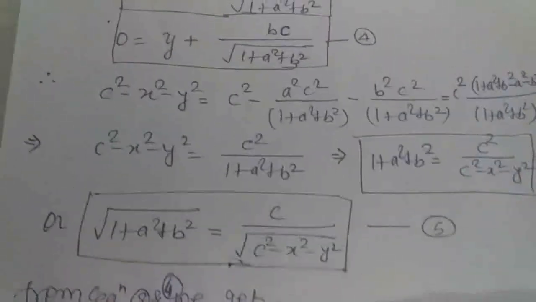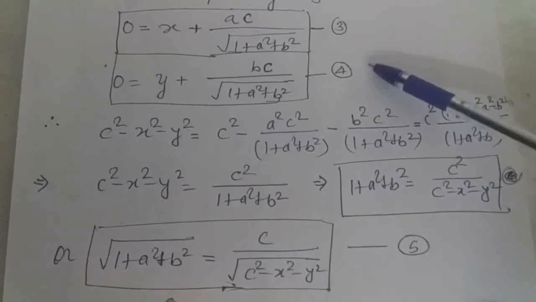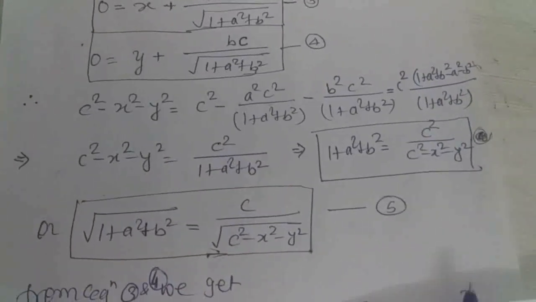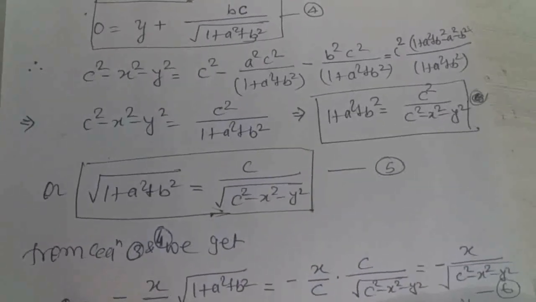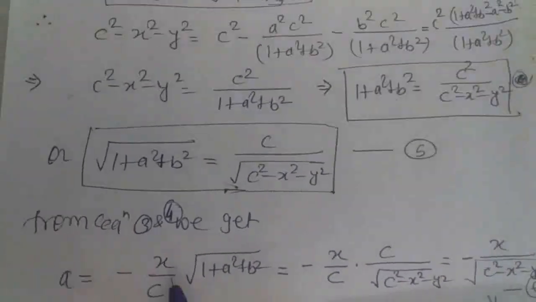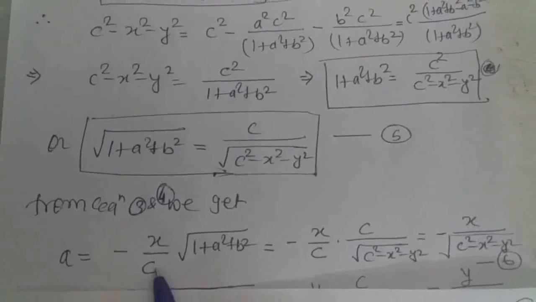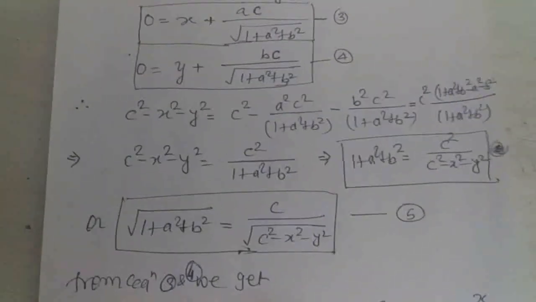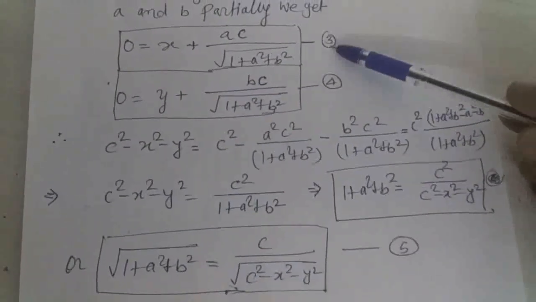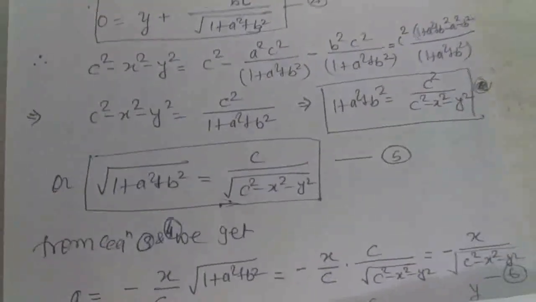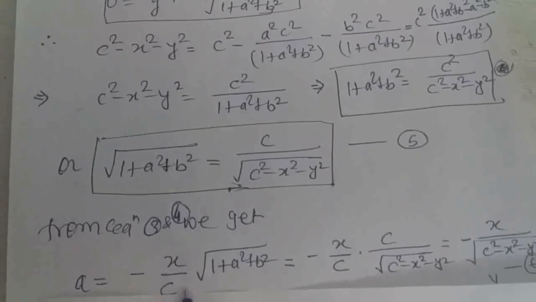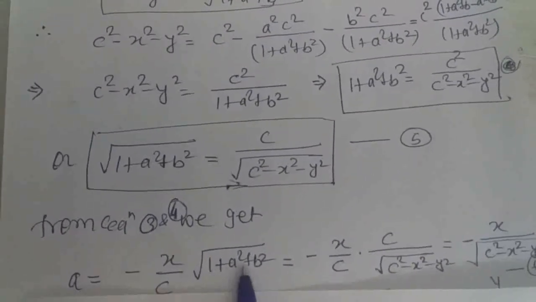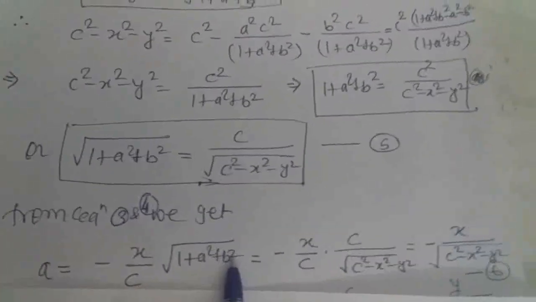Now from equation third and fourth we get, from equation third, that is from this equation, we get A equal to minus X by C into square root of 1 plus A square plus B square.